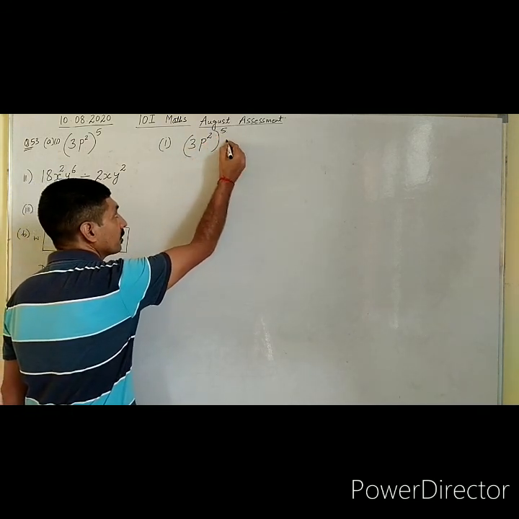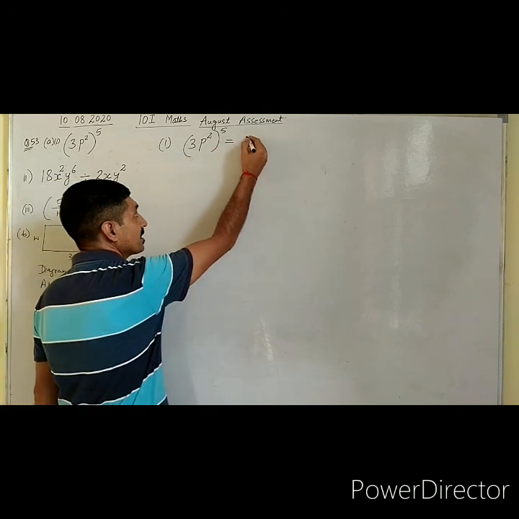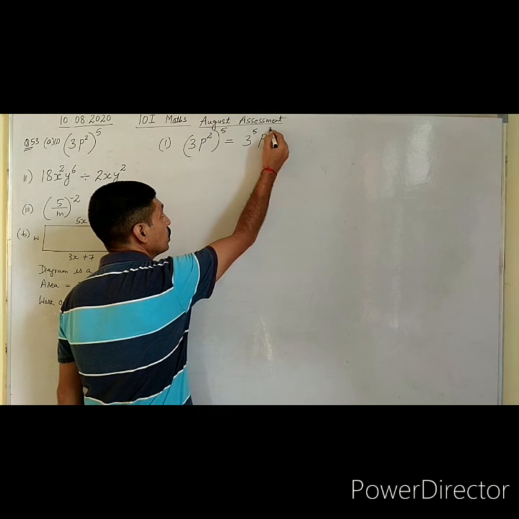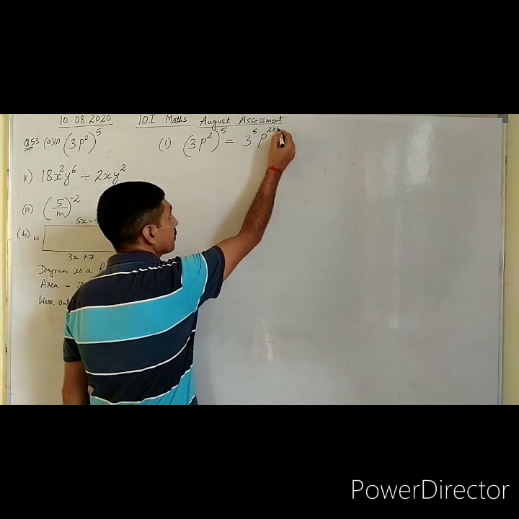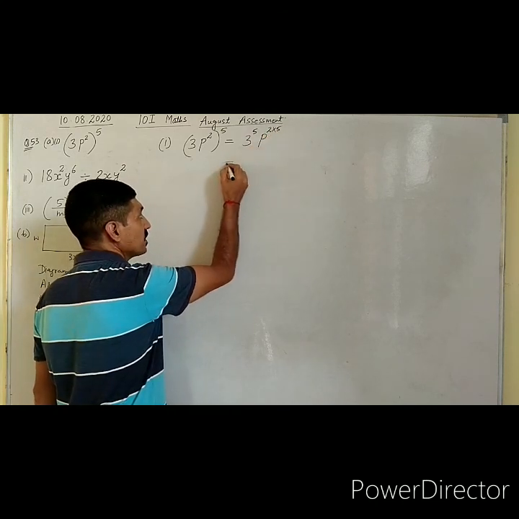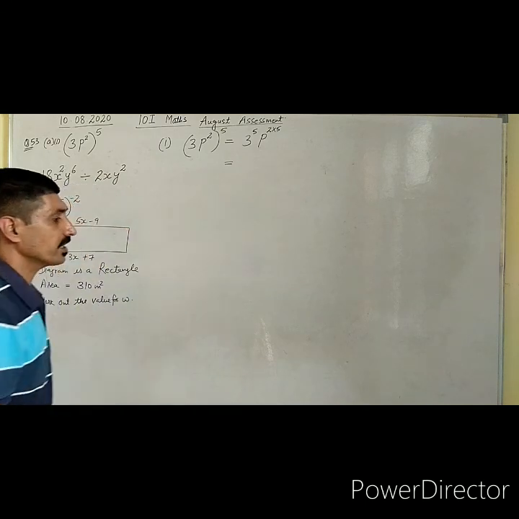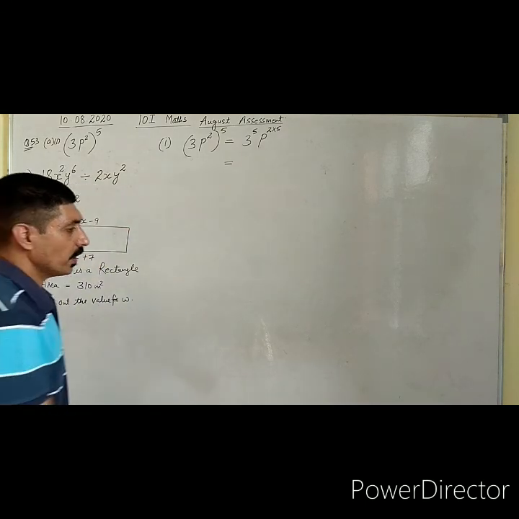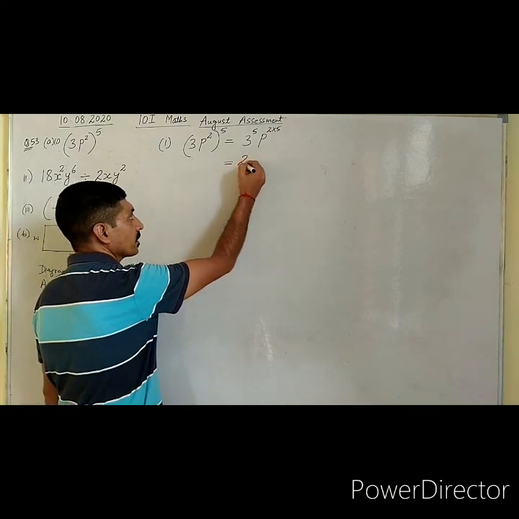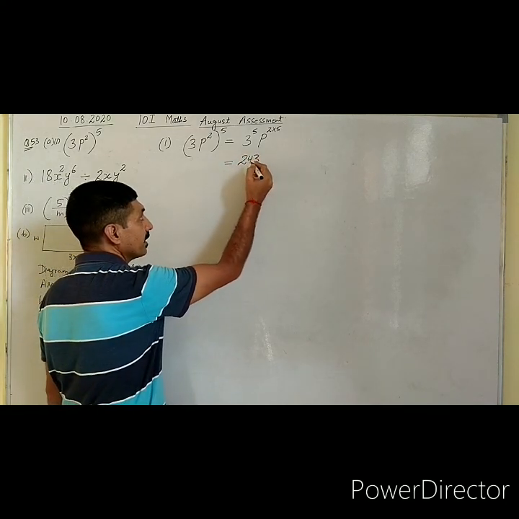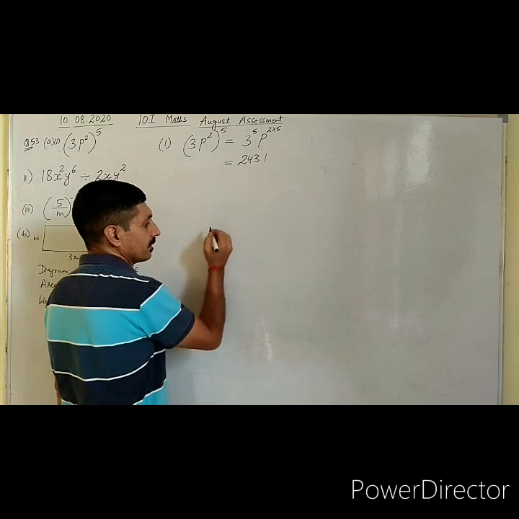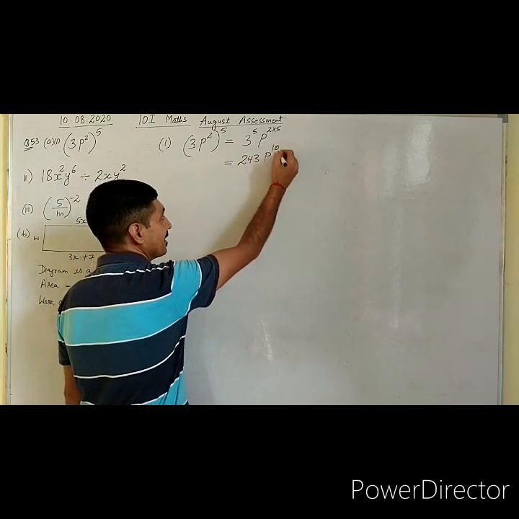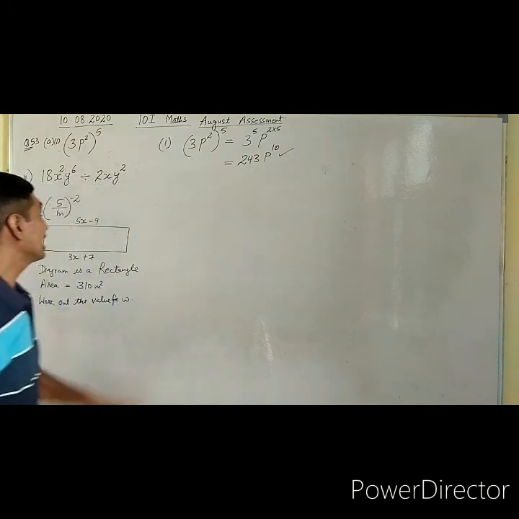So we get 3 raised to power 5 p raised to power 2 into 5. 3 raised to power 5 is 3 into 3 into 3 into 3 into 3, that is 243. So 243 p raised to power 10 here. So this is the first part.